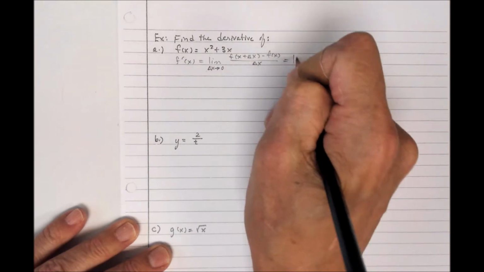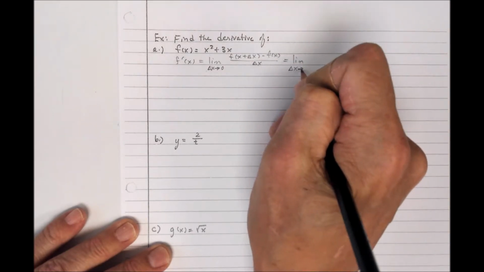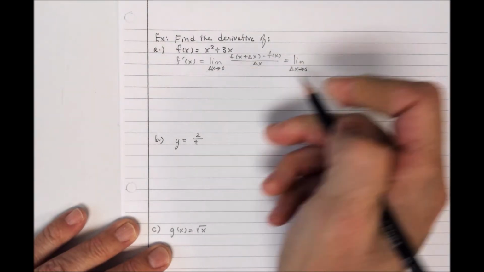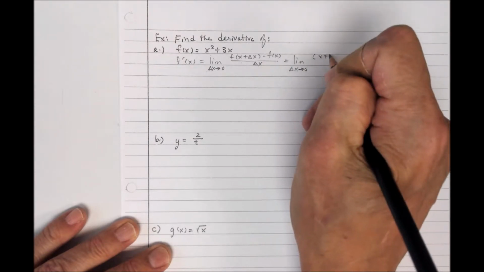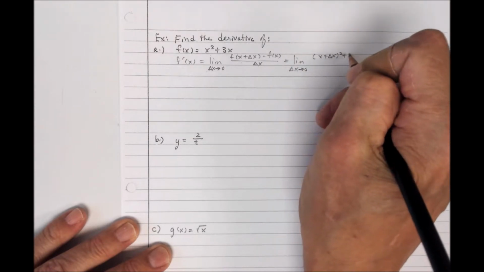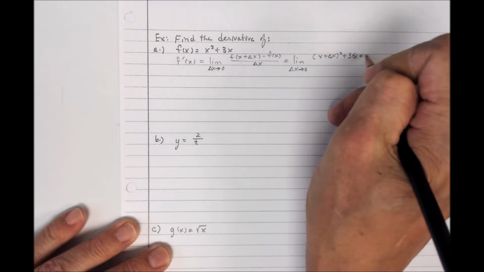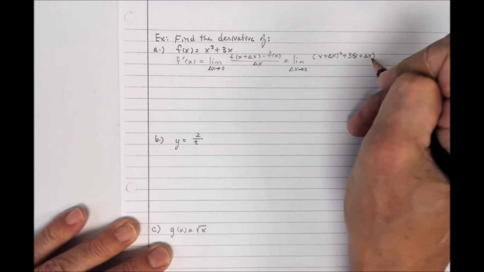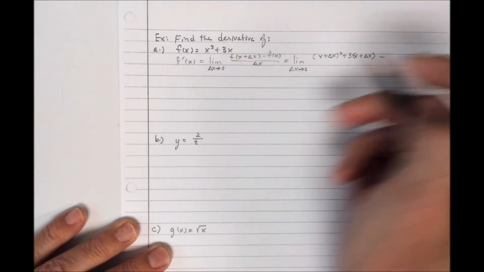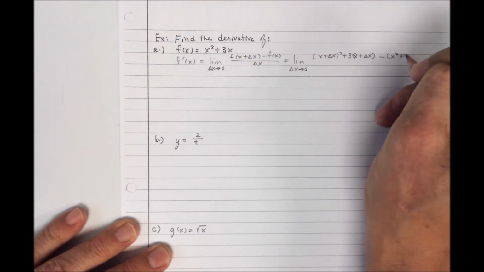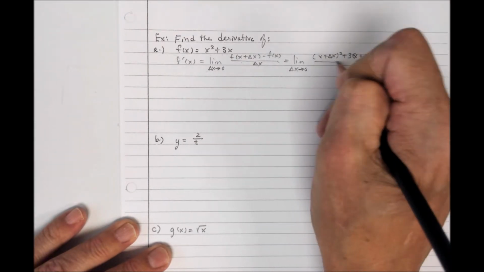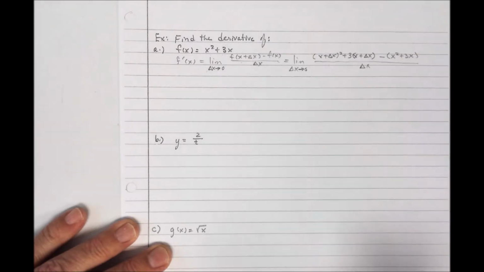This is the limit as delta x goes to 0. F of x plus delta x means (x plus delta x) squared plus 3 times (x plus delta x) minus f of x, which is x squared plus 3x. Lots of writing. The denominator is just delta x though, so that's nice.